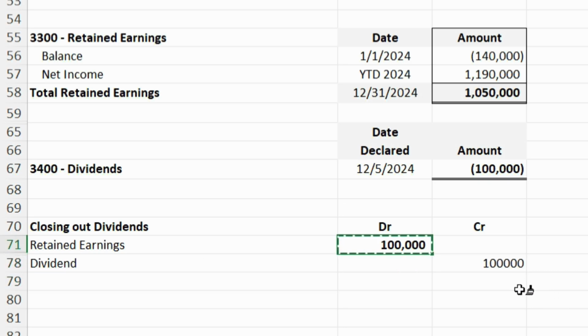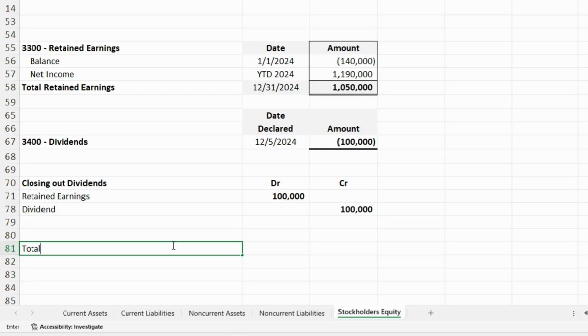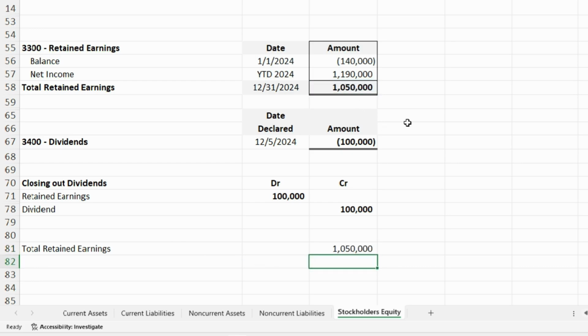I just want to give you an example of how that looks. So total retained earnings is $1,050,000 right now. That's our ending retained earnings balance, which we roll in the net income from 2024.